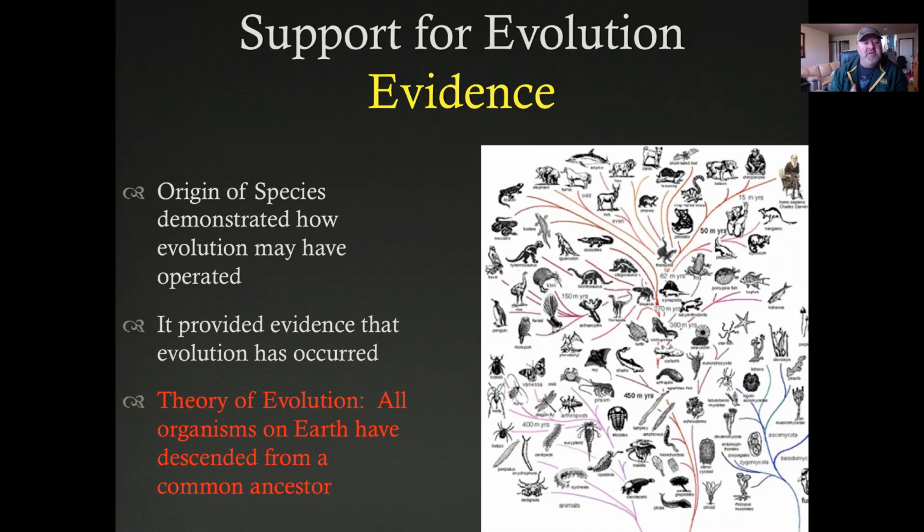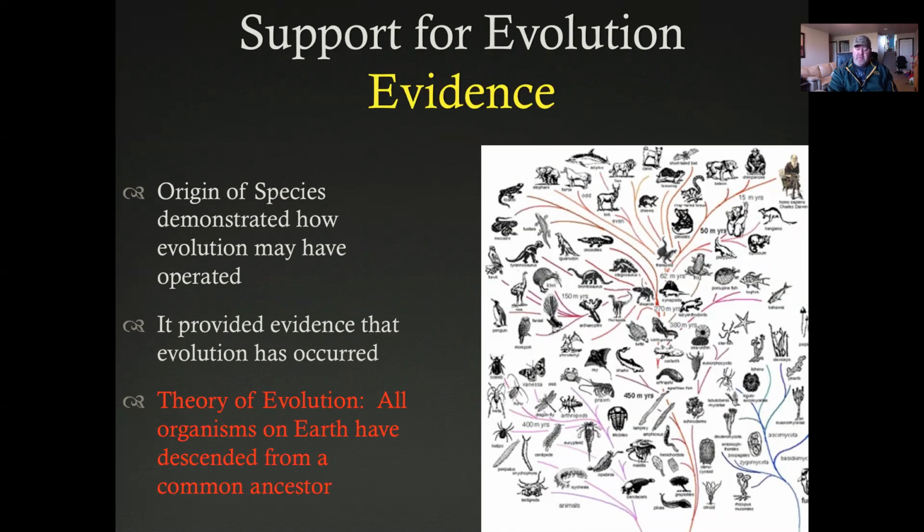The Origin of Species demonstrates or shows how evolution may have happened. But we didn't really know the mechanisms for how it happened, and a lot of people thought Charles Darwin was pretty crazy initially. But his ideas started to provide evidence that evolution has occurred.